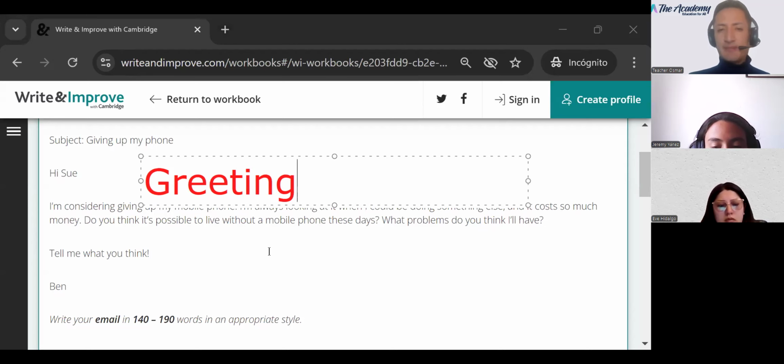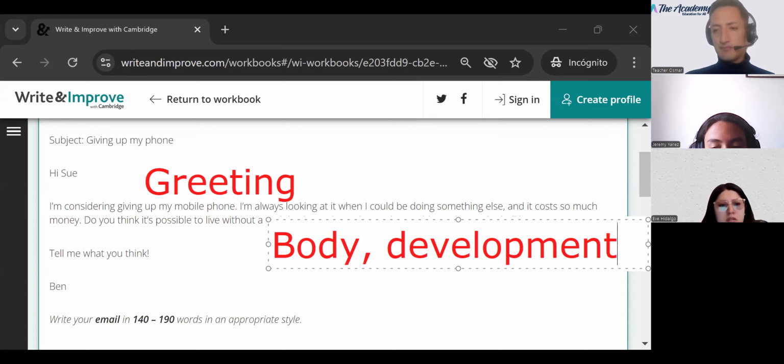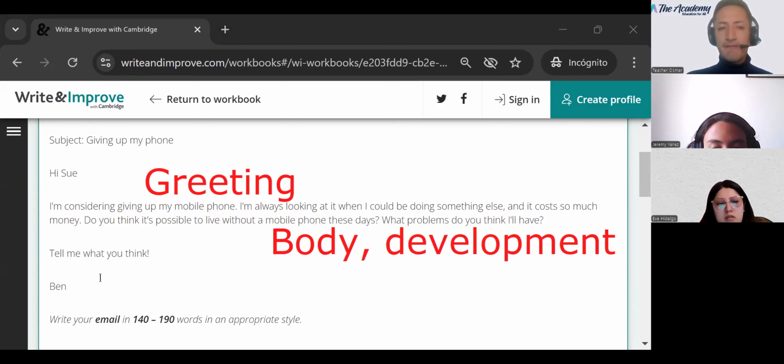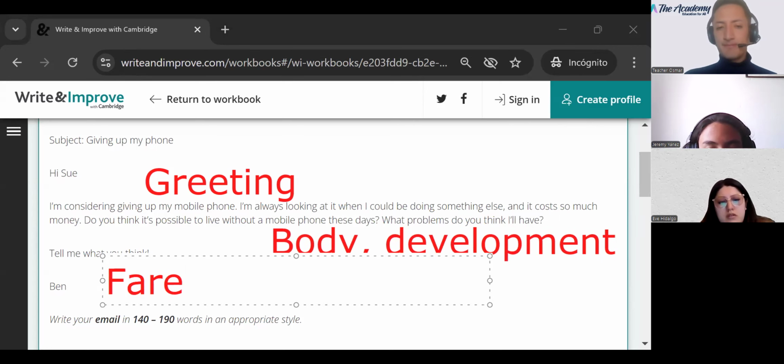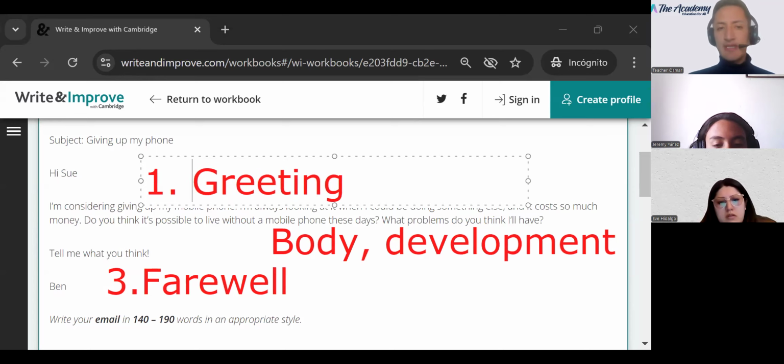The second, remember that is the body or development. And the last part, remember the farewell. Again, greeting, body, and farewell.